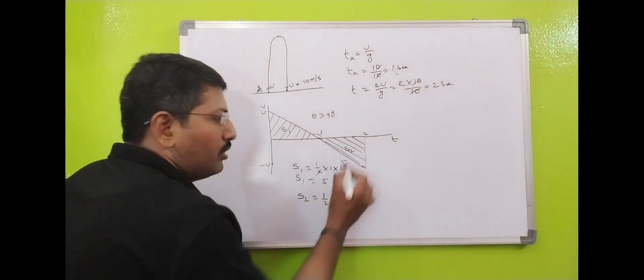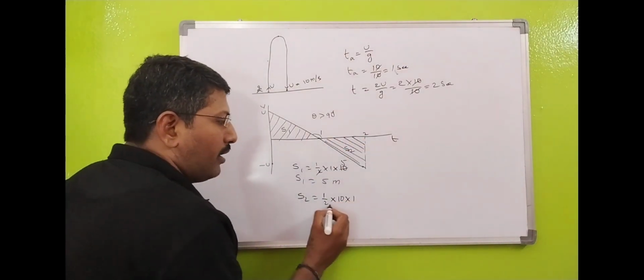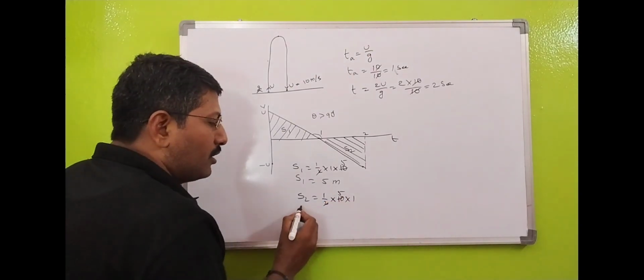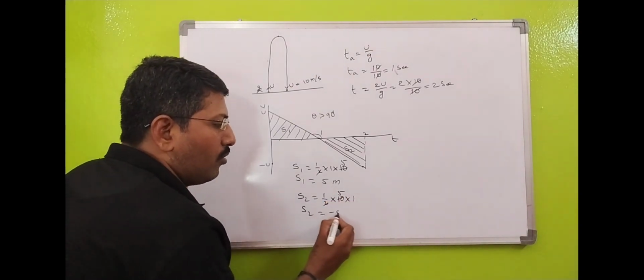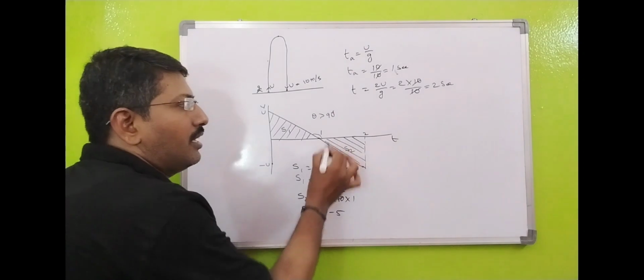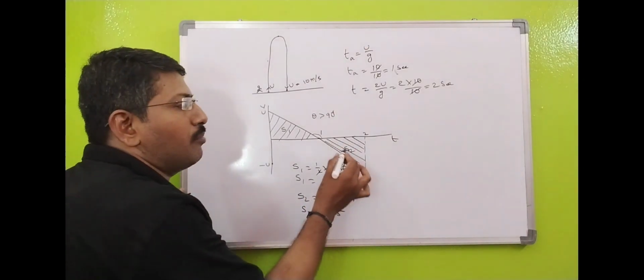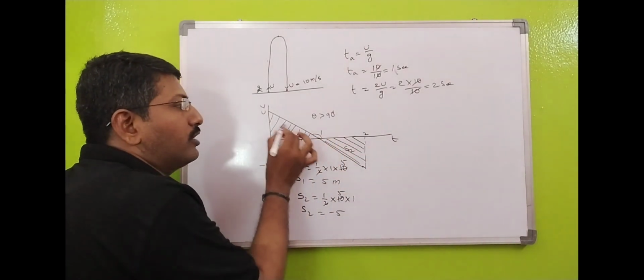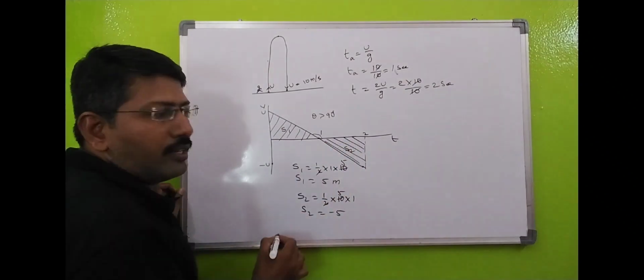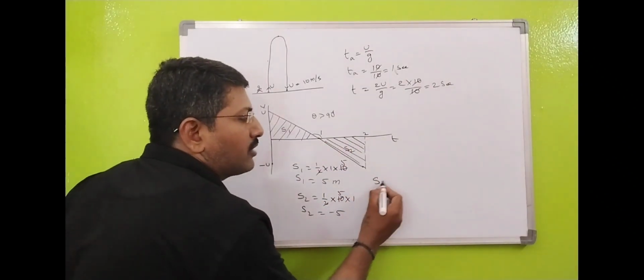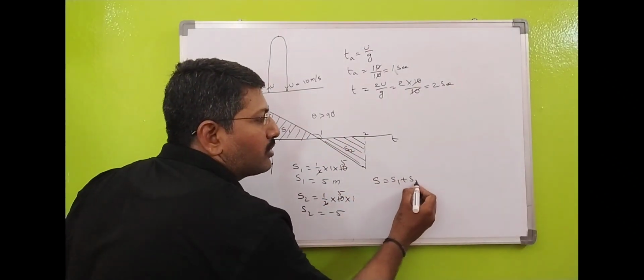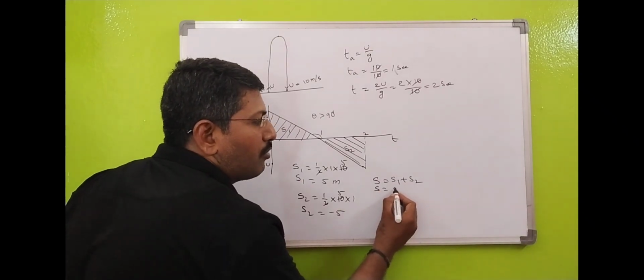So S2 is equal to minus 5. This is the negative area, and this is very important. One is positive, the other is negative. So S is equal to S1 plus S2, that is 5 minus 5. The displacement is 0.